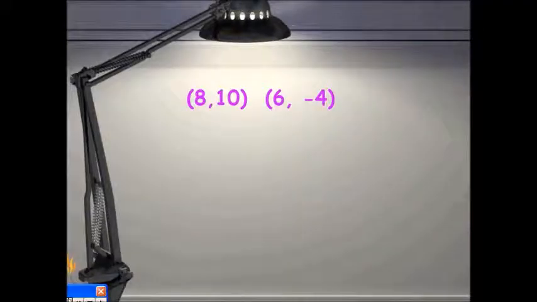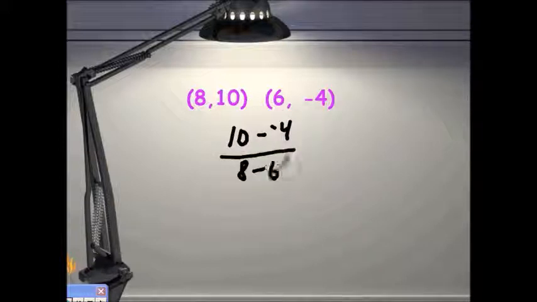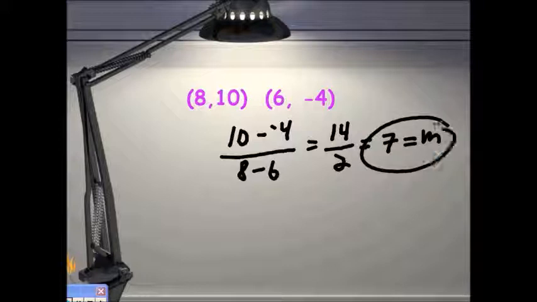So let's do one full example. I have to figure out my slope. I'm going to do up top, subtract the y-coordinates. On bottom, subtract the x-coordinates. I believe this is 14 divided by 2, also known as 7, which is going to be my slope. Okay, I like this point, so I'm going to use this. I'll do this by the quick and easy method.